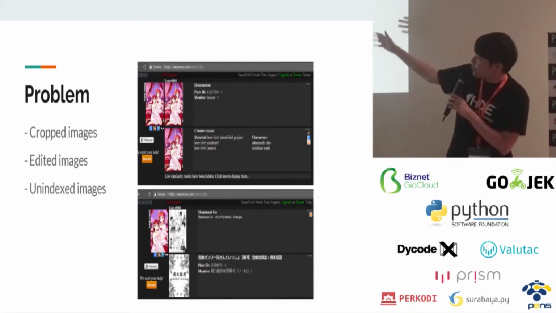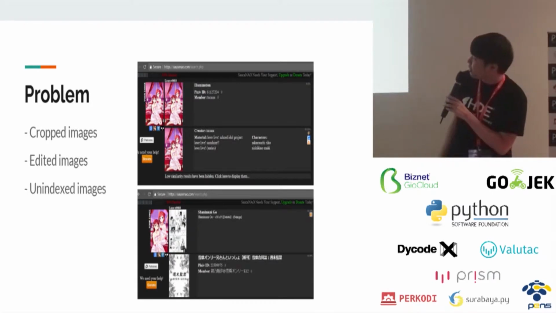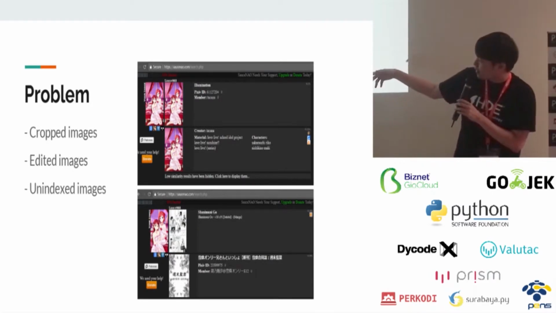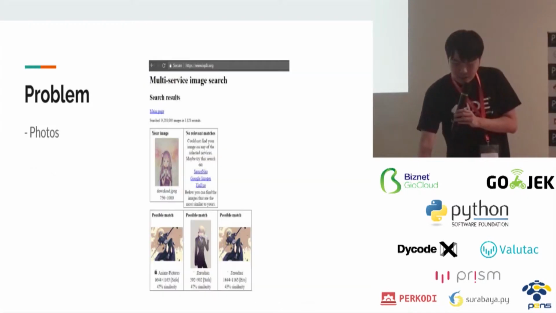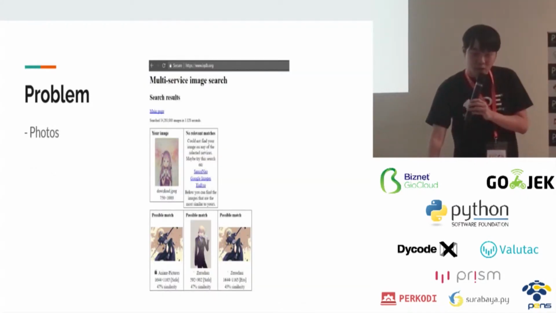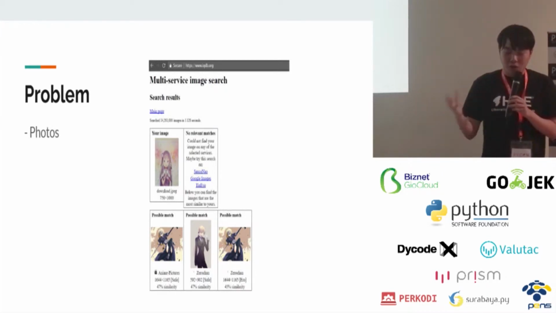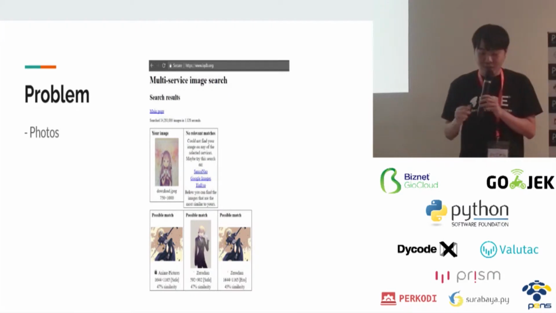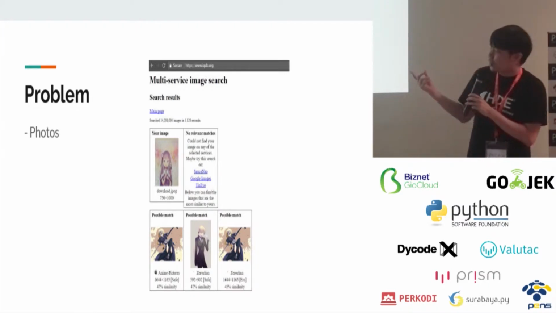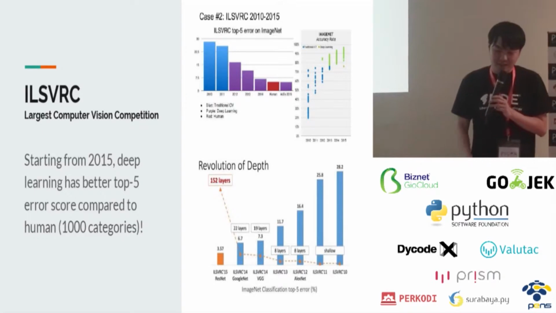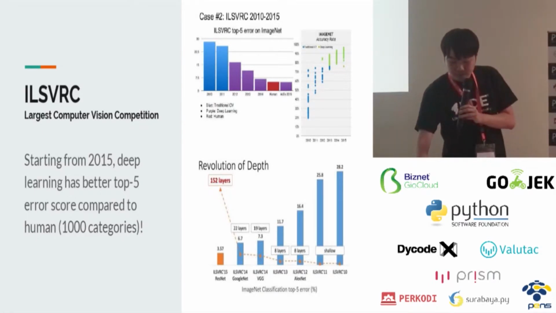So, for example, at the top, it still correctly detected the characters, but at the bottom, it cannot detect the character. Or the other problem is you have a character from a photo, but since a photo is usually not official, or a fan art, the image indexer cannot detect the character properly.